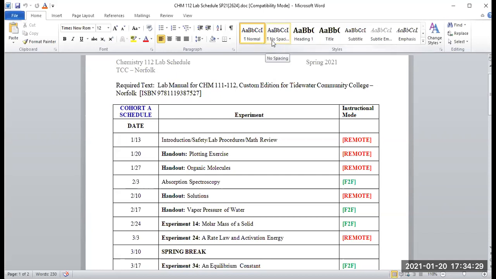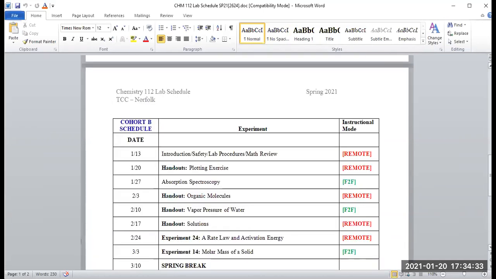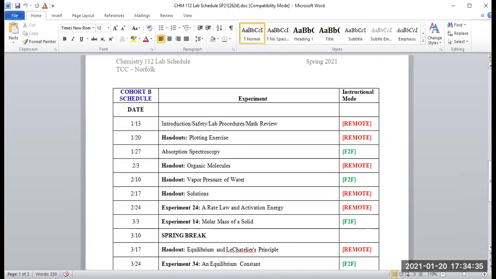That is the absorption spectroscopy lab. So let me scroll down so I can show you what the B group looks like. Obviously everybody's doing the plotting exercise this week because we're doing it on Zoom here. But my B people will be the people I see first in person, just as the rotation was set up.